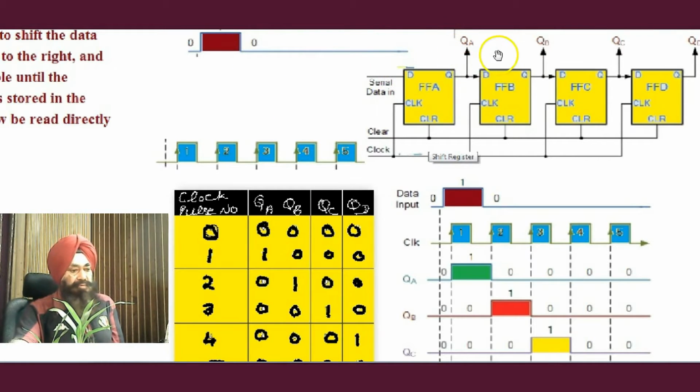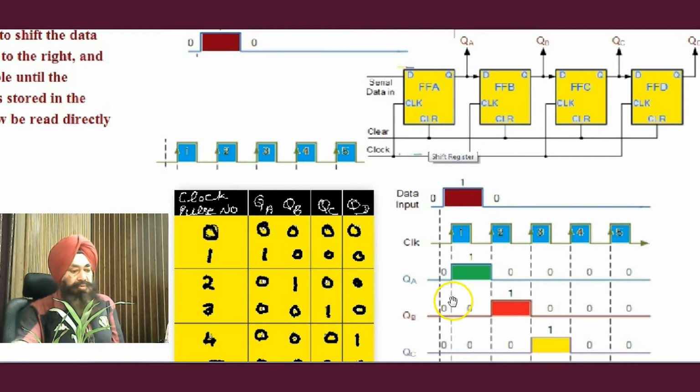Previously it was 0 here, so that 0 is shifted to this point and that 0 shifted to this point. So the second result is 0, 1, 0 and 0.